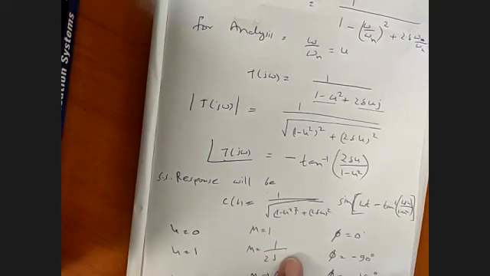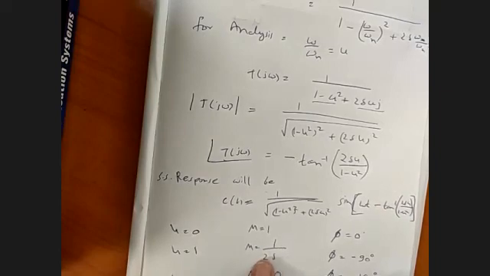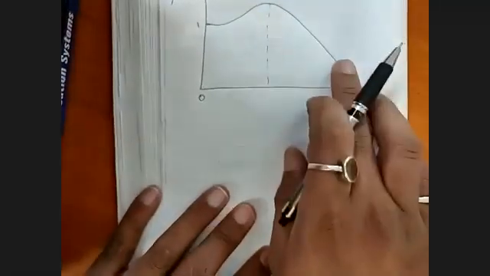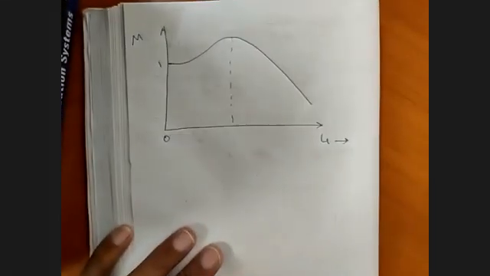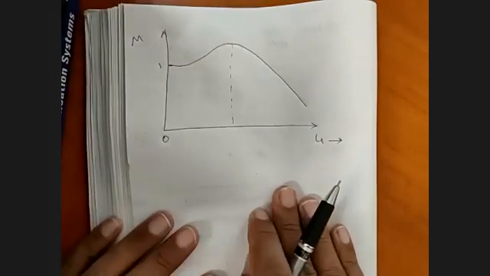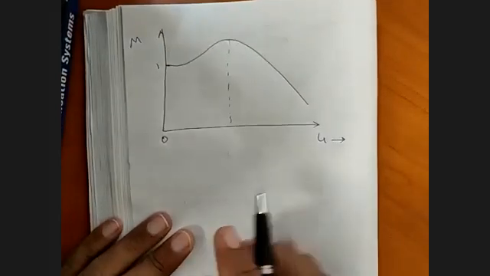And if delta is greater than 0.5, it will become less than 1, and then it will be tending towards 0. So this will be your plot for M with respect to u.